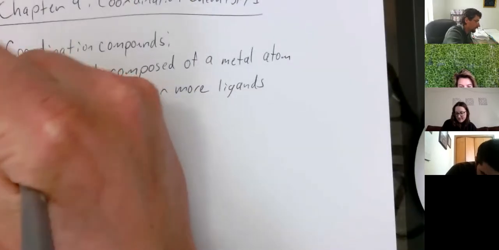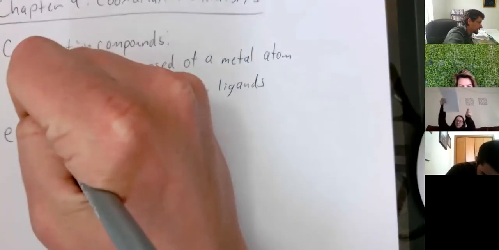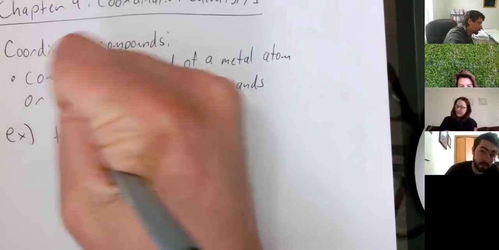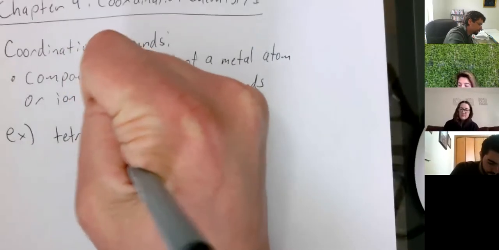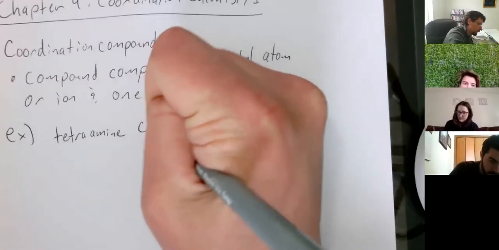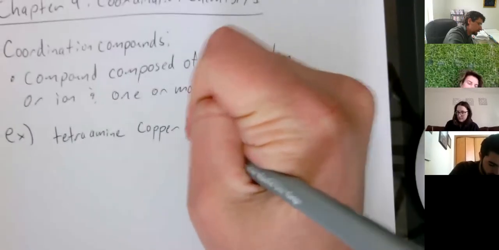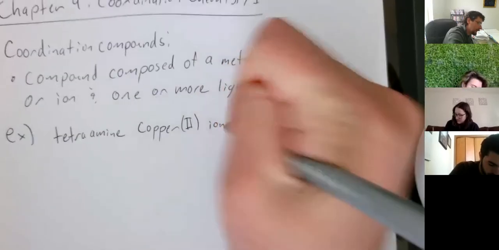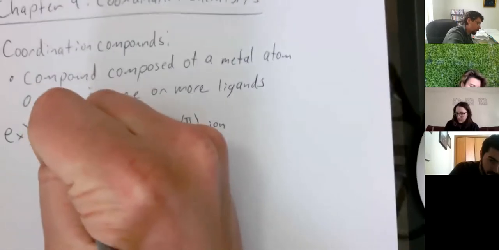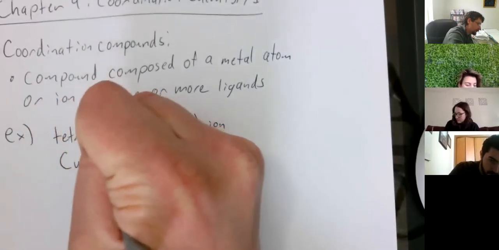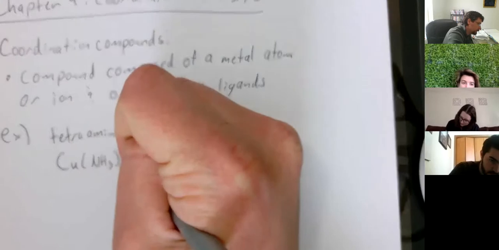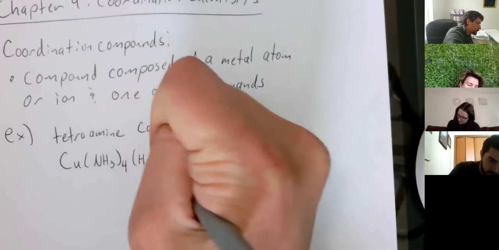So an example of this is the tetraamine copper(II) ion, which has the formula [Cu(NH3)4(H2O)2].